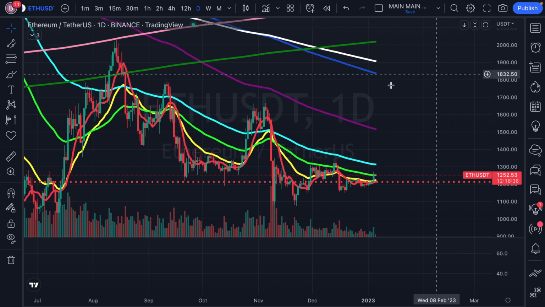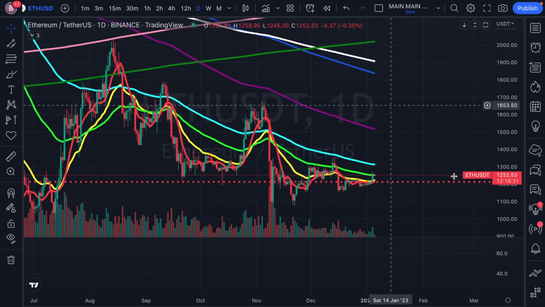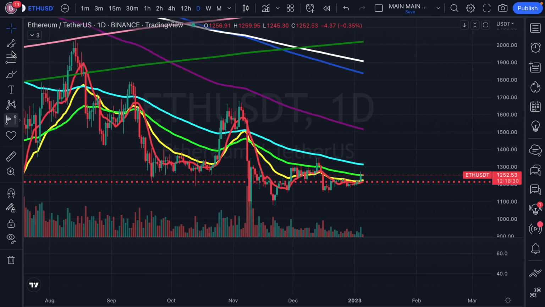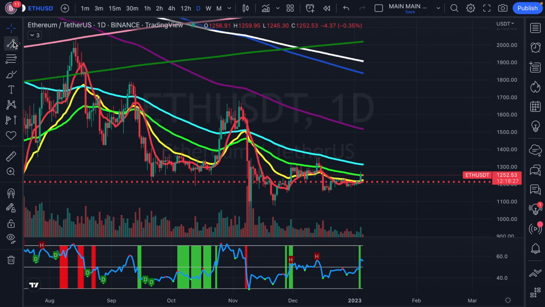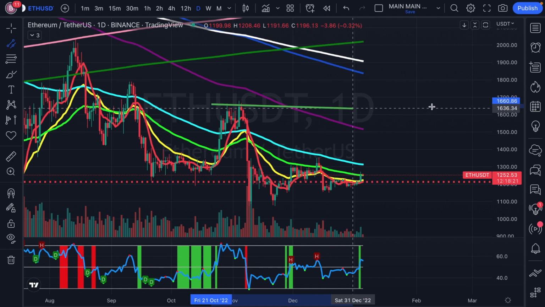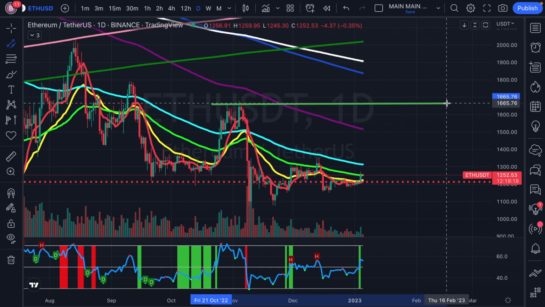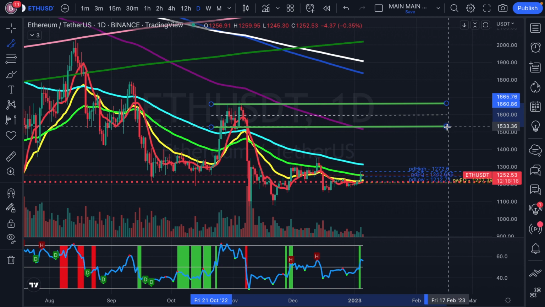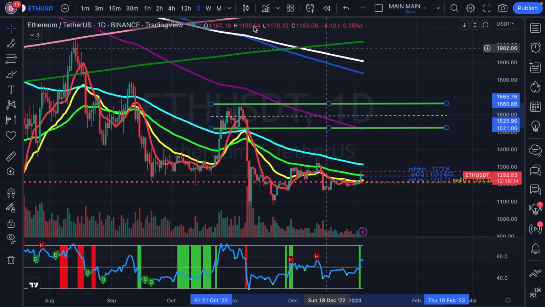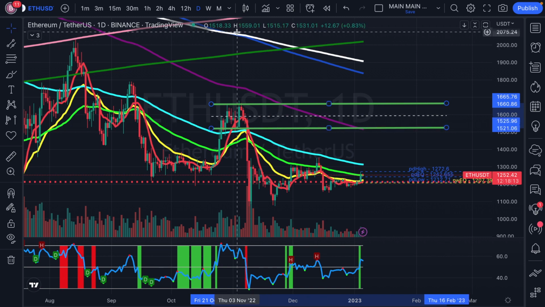Here is ETH. Clean chart. I'm going to do the same thing I did with Bitcoin. I'm going to encapsulate this. And that would be my shorting block.